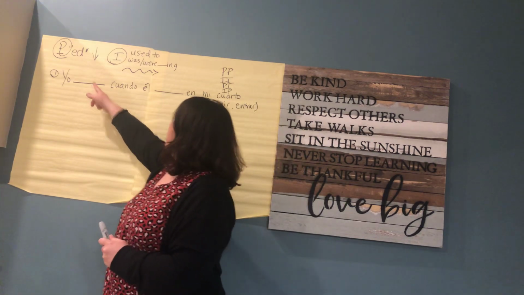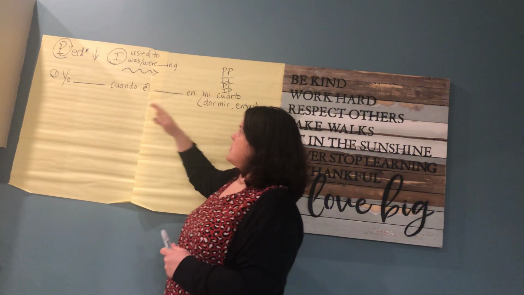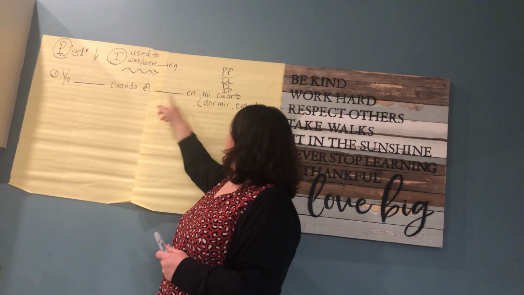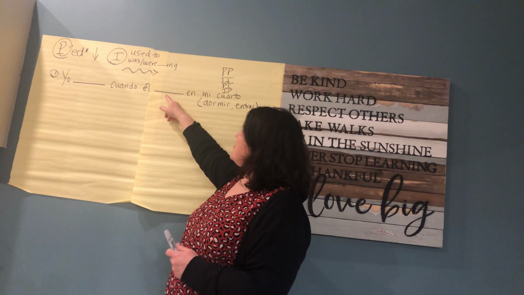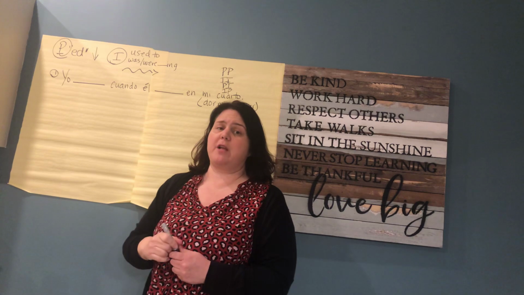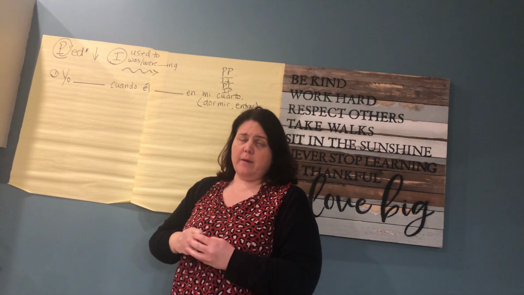Here we have a verb dormir, so sleep. So it's either going to be I slept or I was sleeping when he entered, or was entering, my room. Well, this is an example of an interruption. So those ones are kind of good to rely on.